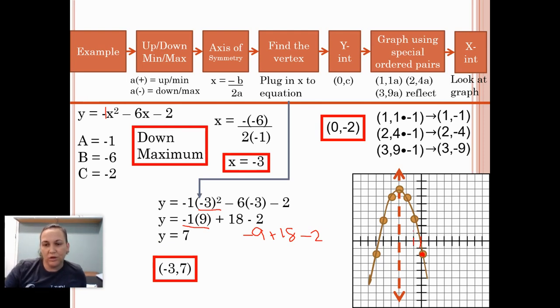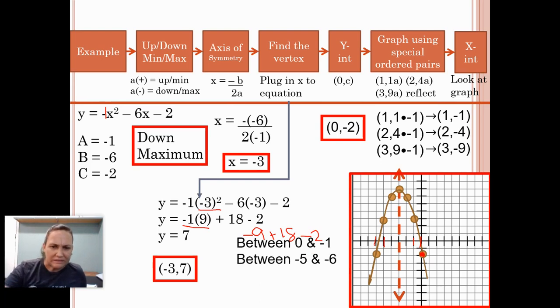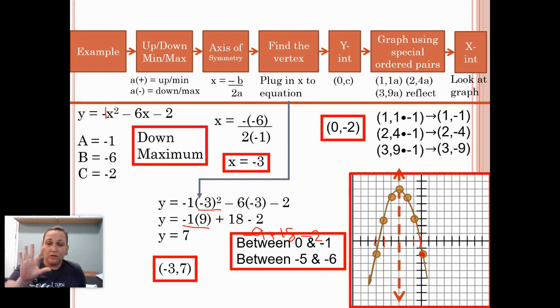Okay, so it's between 0 and -1. And then the other one, 1, 2, 3, 4, -5 and -6. Between -5 and -6. Oh, you can kind of see it. Okay, so again, two x-intercepts. They're some decimal between 0 and -1, and then another decimal between -5 and -6. This concludes today's videos.